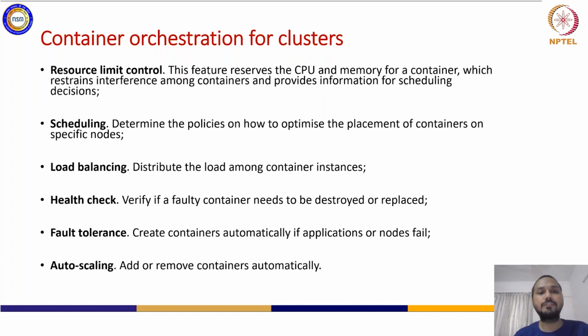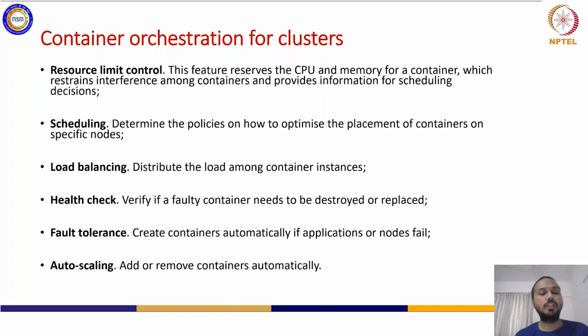You need better scheduling policies. Slurm already provides scheduling policies like fair share and other kinds of scheduling. What you might also require is some kind of load balancing, because you might not want an instance where you are putting a lot of load on only one node or one part of your cluster while the other part is almost free. So you need to distribute the load among the container instances also.